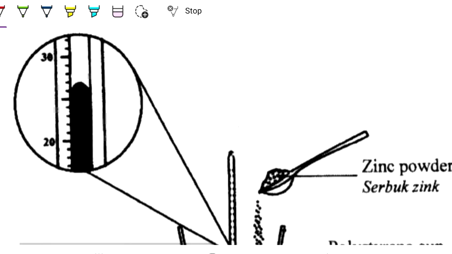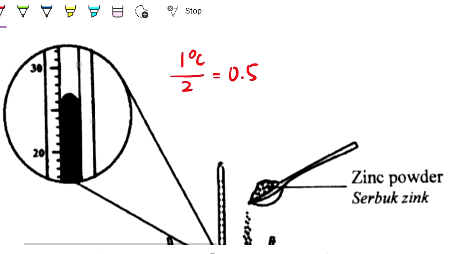Again, we have to determine the decimal place. Each scale represents 1 degree Celsius, so divide by 2 and you get 0.5, so 1 decimal place. All the readings must be 1 decimal place. Now we look into the reading here: 25, 26, 27.